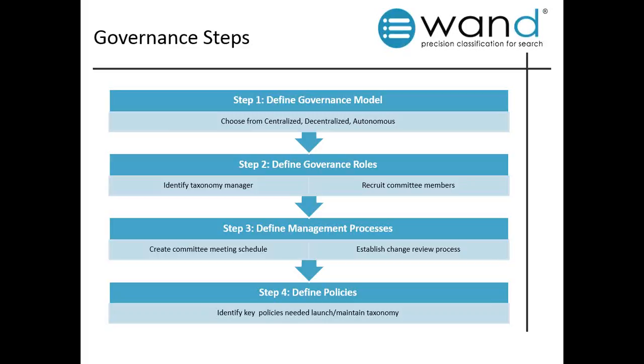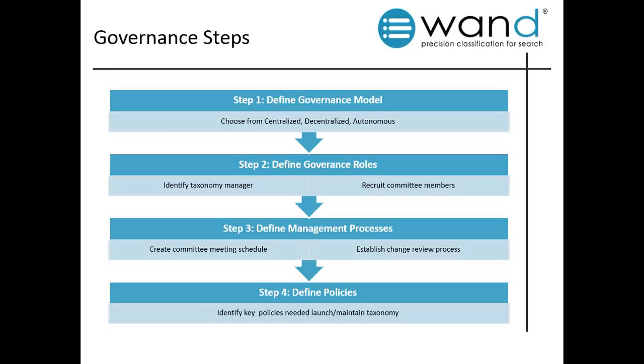Some places are like that. Whoever screams the loudest gets the attention and the work gets done. But still, there needs to be an established process in place in advance. Otherwise, it can get pretty chaotic. And also, there's no record of how changes were made, and that can oftentimes lead to disaster later. As in, why did we make this decision 8 months ago to change this term, and no one has a record of it?